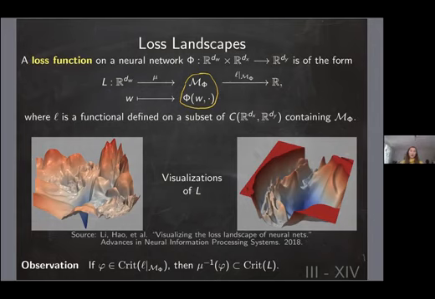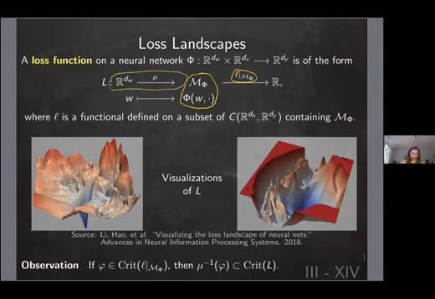And whenever I have a critical point of the functional small l, then of course everything in the pre-image, whenever I take this phi and consider the whole pre-image under this parameterization map mu, has to be critical points of the loss function.